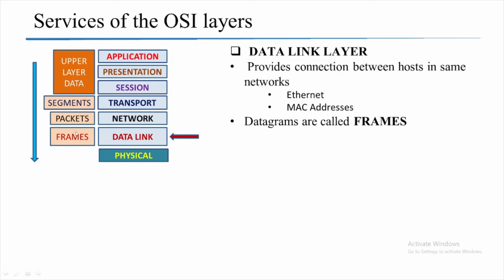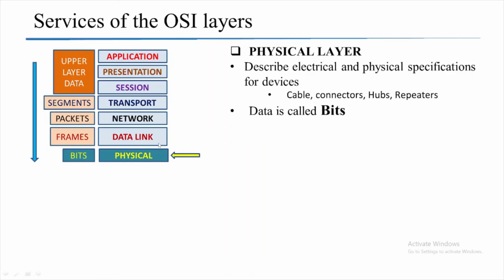And the last layer, layer 1 in the OSI reference model, is the physical layer, and you can think of it as everything you can feel and touch, right? It describes electrical and physical specifications for devices like cables, connectors, hubs, and repeaters.